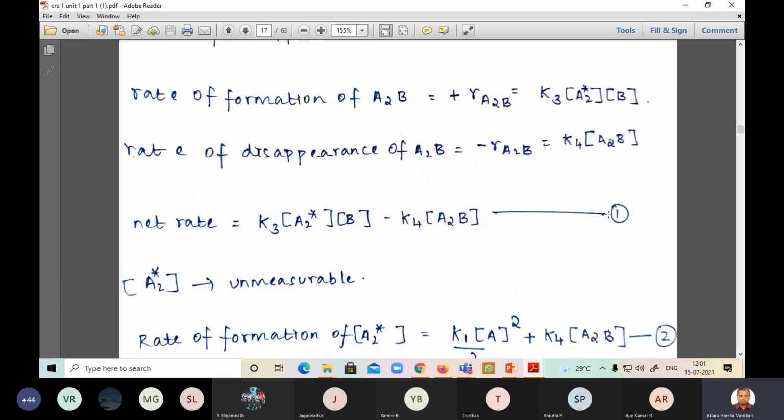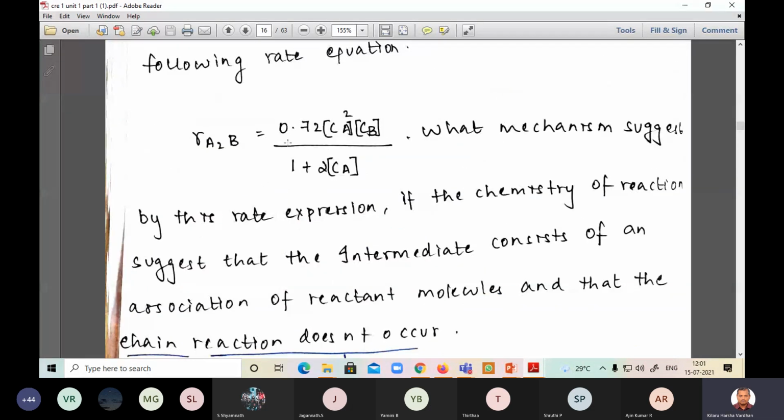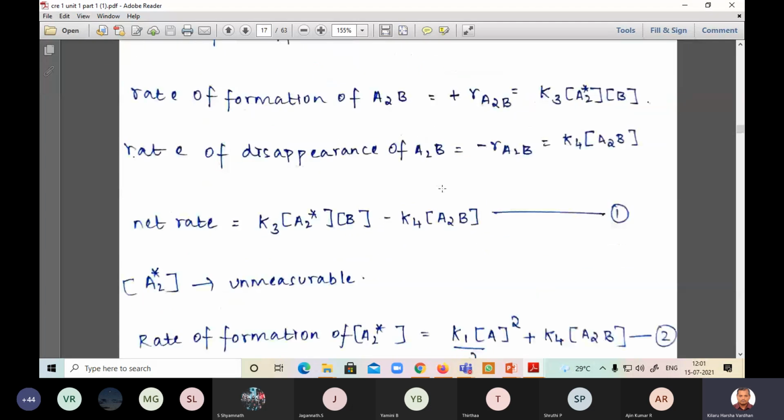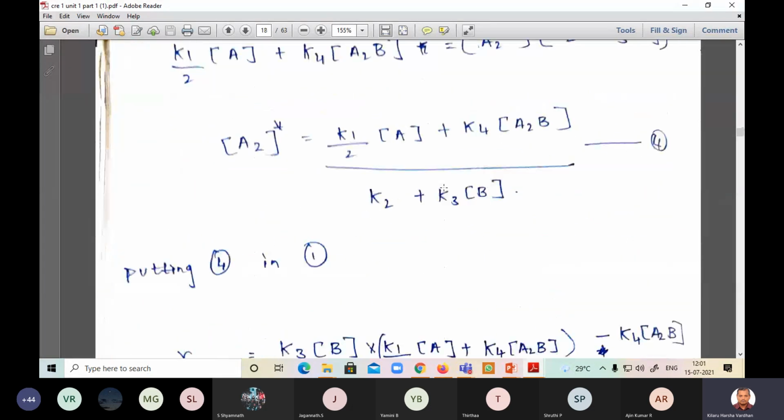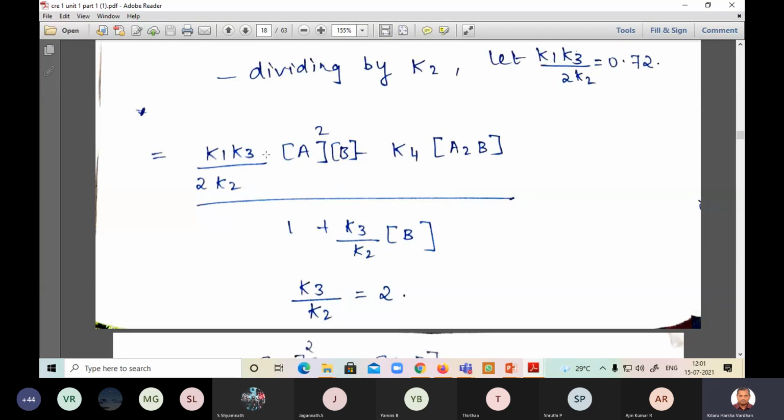Because since he is asking you it is 0.72, he is having a coefficient of 0.72, and K3 by K4 is 2. If you substitute that, because these are all constants, you can do whatever you want there. Then what will happen? Now you see K1 K2 by 2 K2 minus K4 by 1 plus K3 by K2 B. This is almost corresponding to whatever he gave.